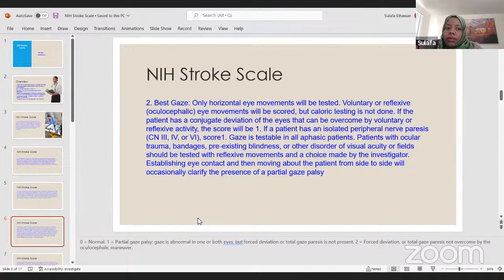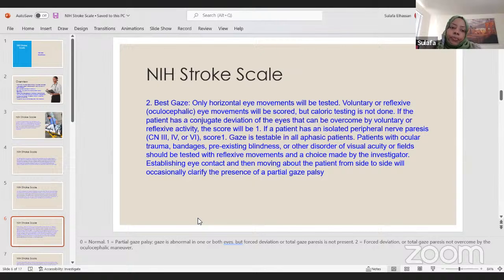Patients with ocular trauma, bandage, pre-existing blindness, or other disorder of visual acuity or fields should be tested with reflexive movement, and the choice is made by the doctor whether to give a score of 1 or 2. Establishing eye contact and then moving about the patient from side to side will occasionally clarify the presence of partial gaze palsy.